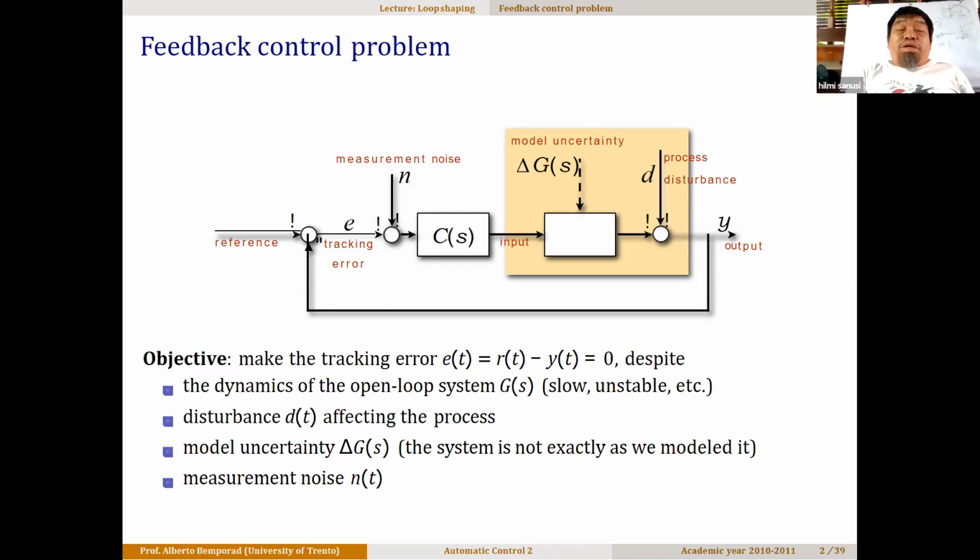So we want to make the tracking error to be zero, despite of the system is slow, unstable, ataupun there's a disturbance, uncertainty, and measurement noise.